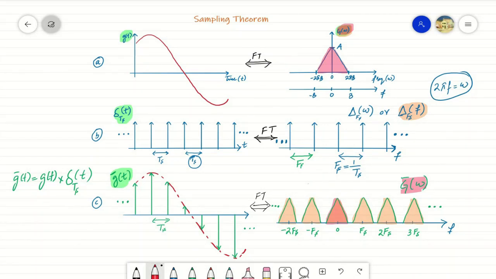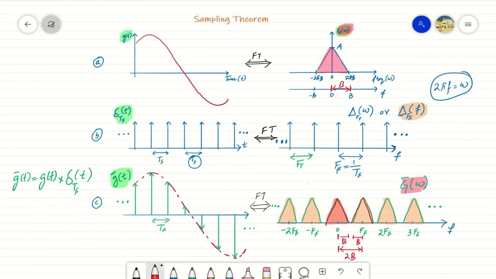As the bandwidth of g of omega is B Hz, the representation of this part of the signal is B Hz, and the representation of this part is also B Hz. So to avoid overlapping of these adjacent representations of the same signal, the separation between the central positions of these spectrums must be at least 2B Hz.